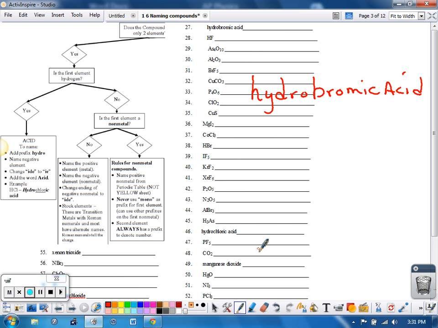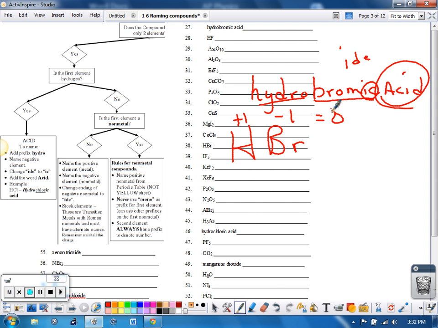Again, as soon as you see acid, write an H. Then I see hydro, which means no O, and the bromide, because the ic took the ide's place. So bromide, so HBr, plus 1 minus 1 equals 0, and since it does, it's balanced. I'm done.